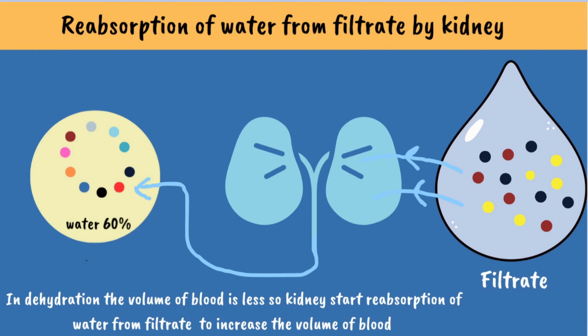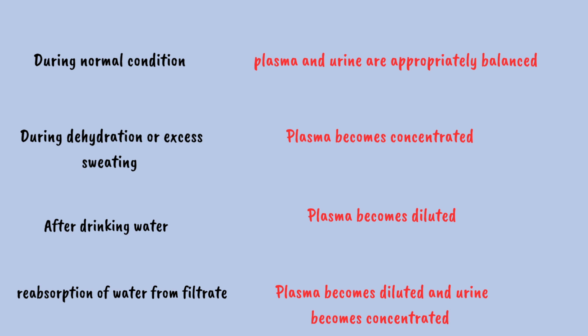Here's what happens during this process. In normal conditions, both plasma and urine are relatively diluted, meaning they have a balanced concentration of water and solutes. During excessive sweating, plasma becomes more concentrated due to water loss.